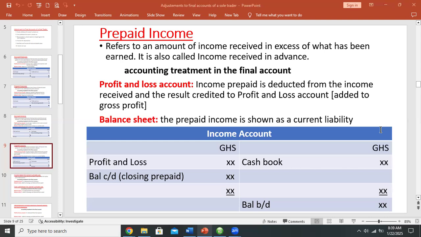We are just in January, but we have been paid the full 2025 commission. So we have received in excess of what we have earned. So either you haven't rendered the service and you have been paid, or you have rendered the service to some extent, but you have been paid for the full duration of rendering the service. So both cases apply.